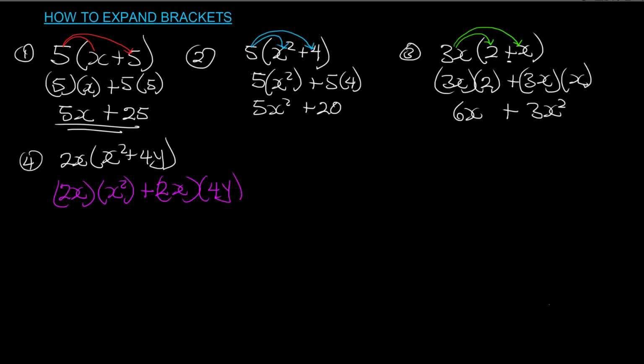We then get 2x cubed, because this x has an exponent of 1 and this is 2, we get 3. Plus 2x times 4 would give us 8xy. So this is our answer.